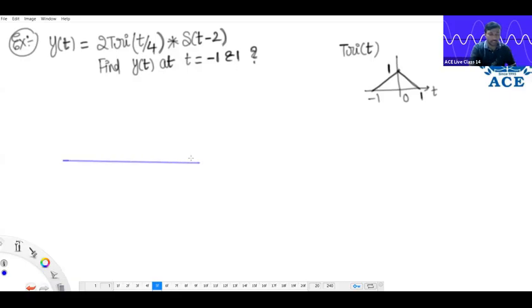So 2 tri t by 4 means that triangle extends from minus 4 to 4 with amplitude 2. Instead of 1, now an extra 2 is there, sir. Convolved by impulse at 2.